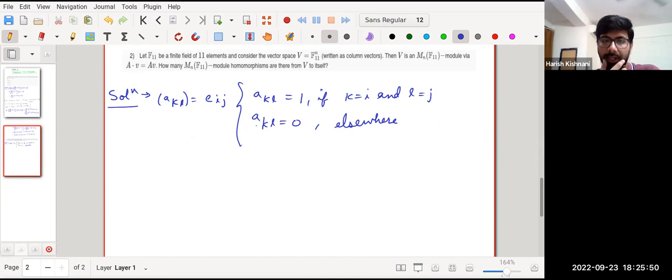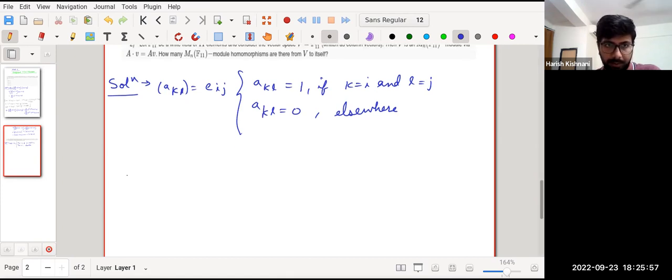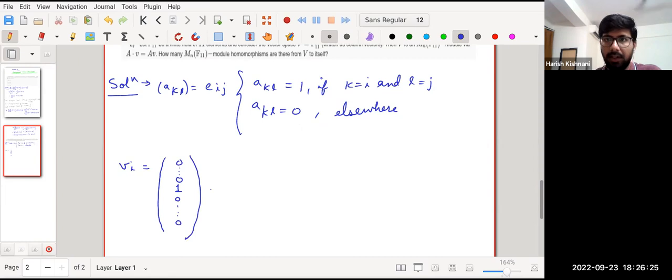now see what you can do now. Let's say your vector vi is of this form. It is 0, 0, 1, and then 0, 0, and this 1 is at ith place.